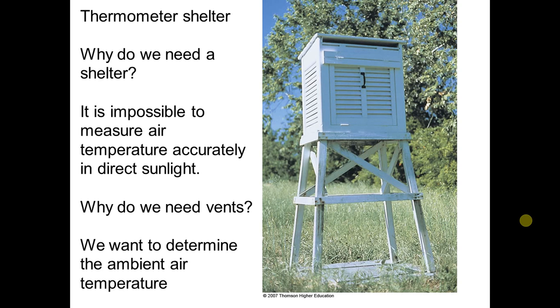If the shelter was black, then the thermometer would heat up too much because the shelter would be absorbing sunlight, right? So the shelter is painted white in order to avoid absorbing sunlight and leading to an inaccurately high temperature.